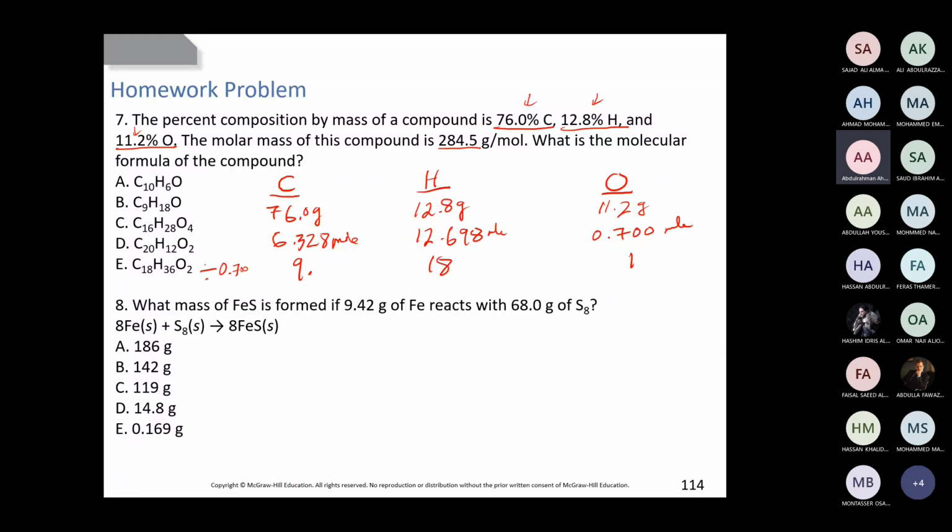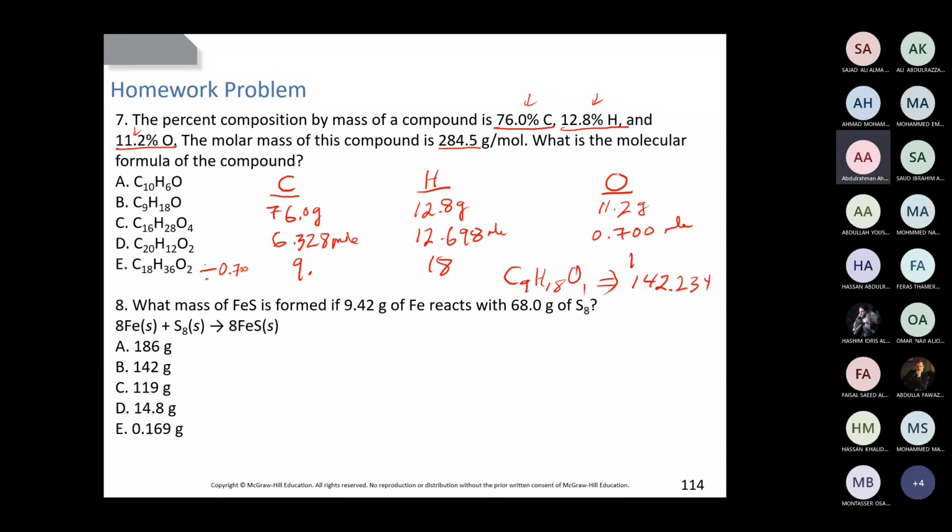Good. What's the empirical formula then? C9H18O1. What's the mass of the empirical formula? Come on. 142.23. 142 point what? 234.